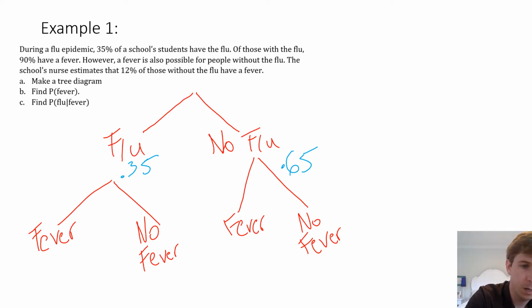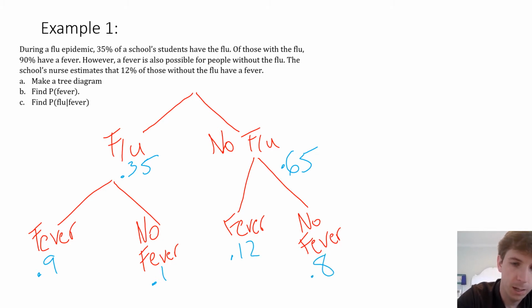So in the flu break down to the fever, that's going to be 0.9. No fever will be 0.1. By the same logic above, every break in the branches needs to add up to 1. And then the school's nurse estimates that 12% of those without the flu have a fever. So this would be 0.12. This would be 0.88.